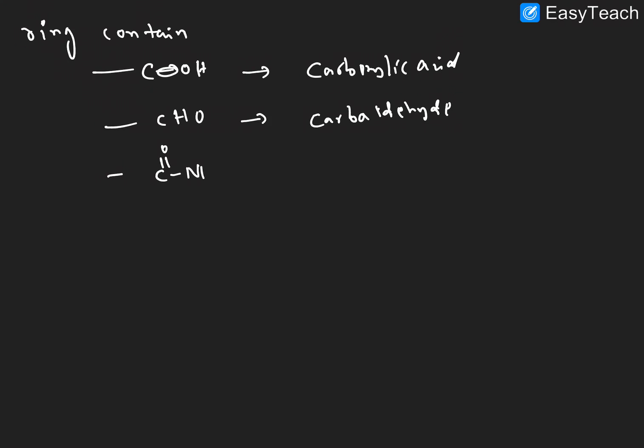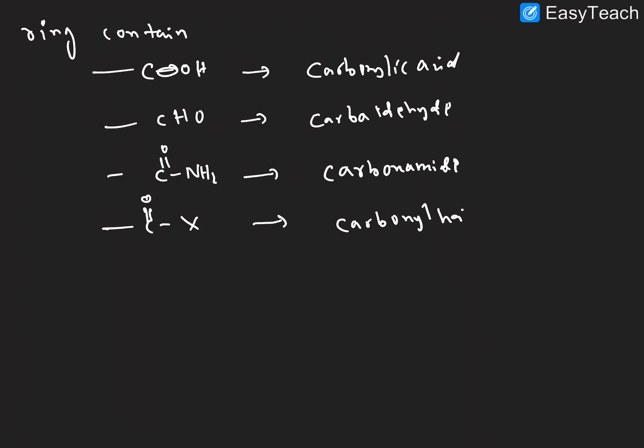Right? Whenever an amide is present in the ring, what can we call the suffix name? Carboxamide. And next, halides are present in the ring, that is X. So this is carbonyl halides.